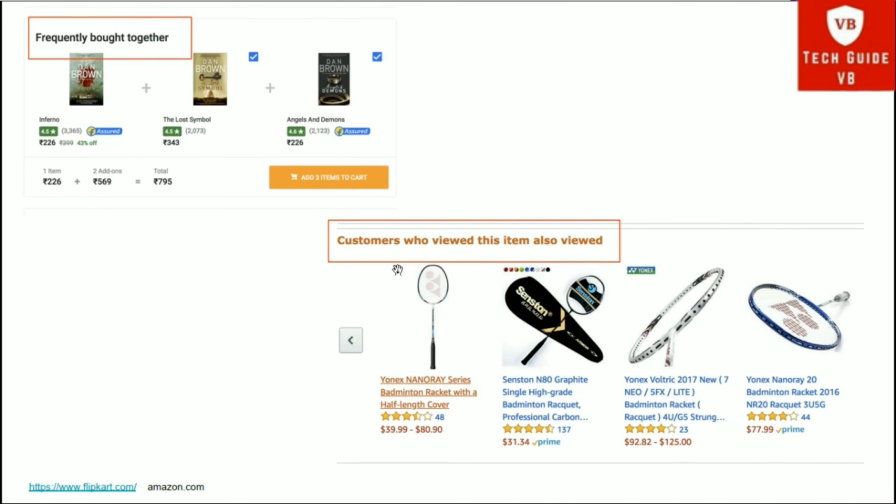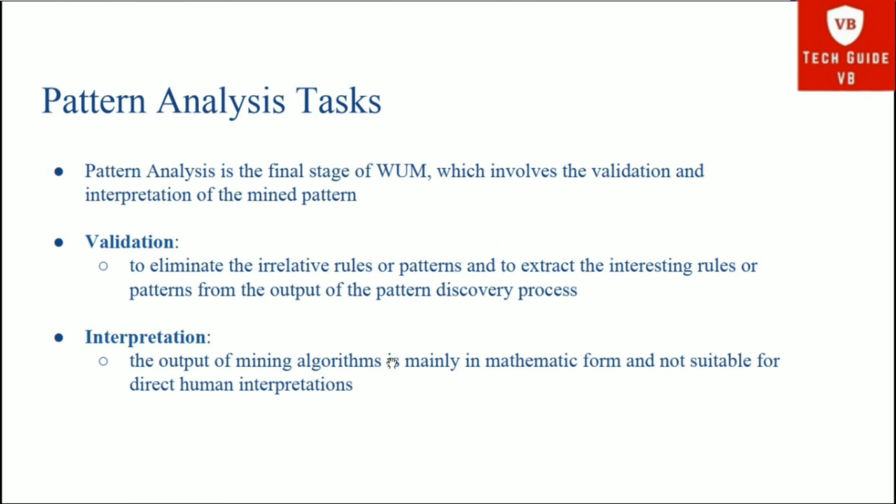This is also a recommendation given by this web usage mining technique. So these are the examples, where this is the example of Flipkart and this is the example of Amazon in particular for the pattern discovery.